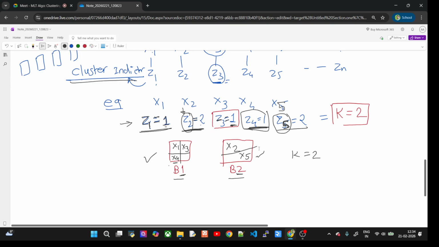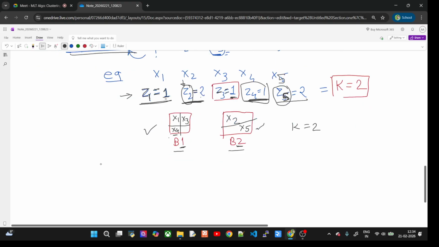This is how you can say, for example, if you have x10 and z10, it means my 10th data point has a cluster indicator z10. If k equals 2, you have just two clusters, two boxes, and where x10 will go is shown by your cluster indicator z10, which may be 1, for example.